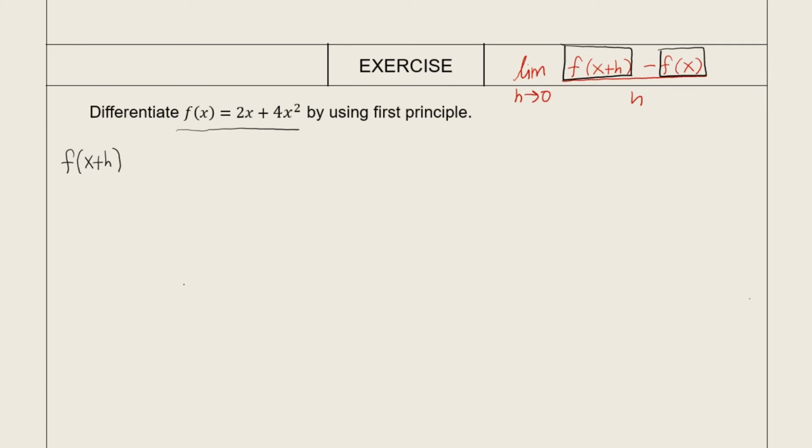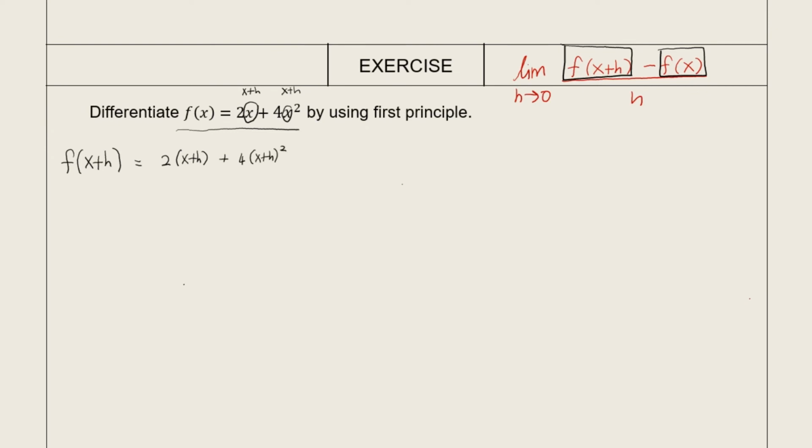So class, again, if you have f(x), to find the value of f(x plus h), you just need to substitute the value of x here with x plus h. This one also you need to substitute with x plus h. So what we have is 2(x plus h) plus 4(x plus h) to the power of 2.